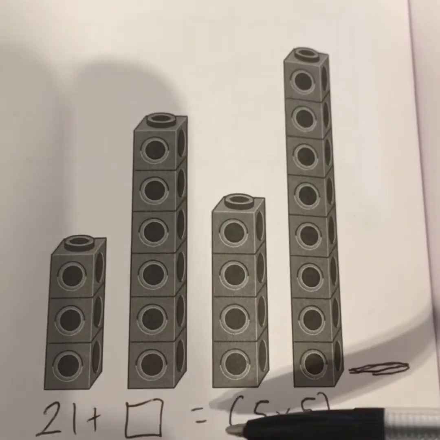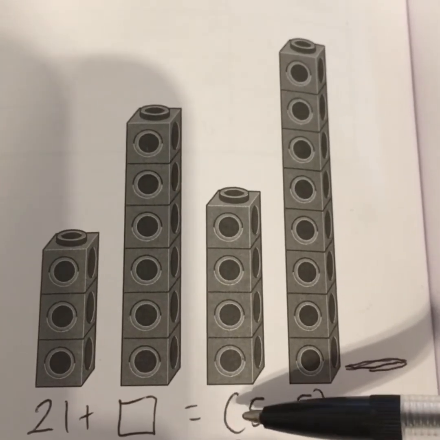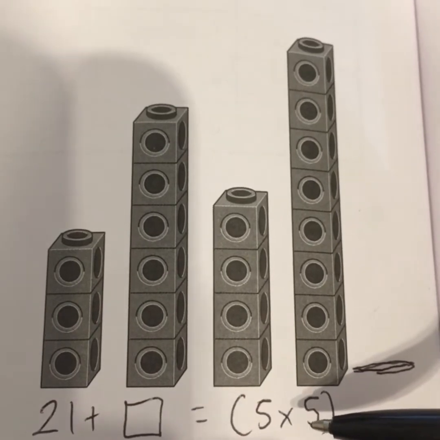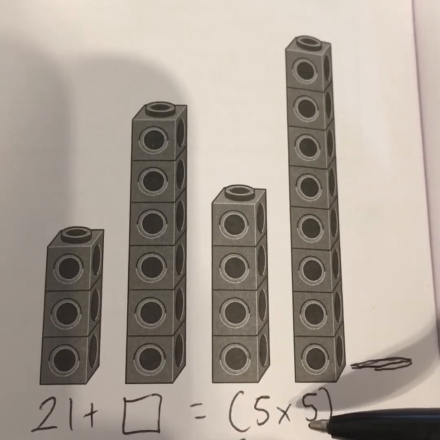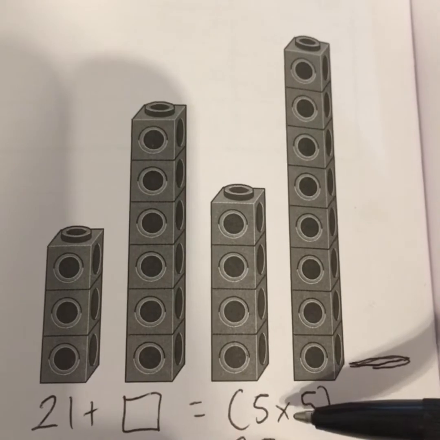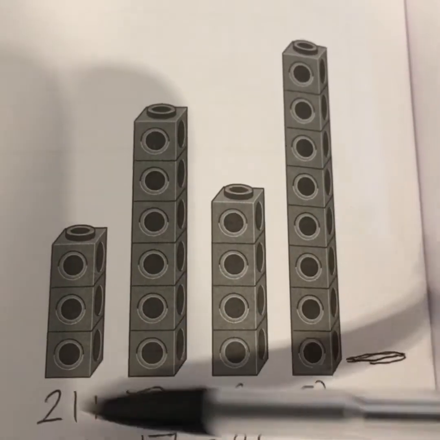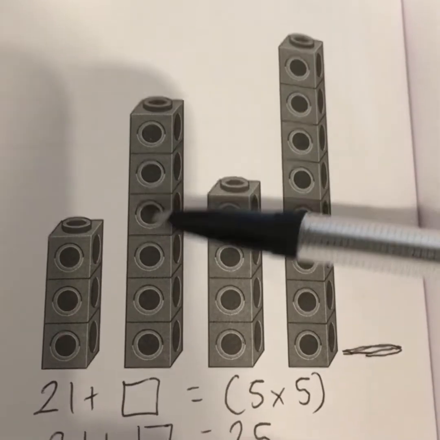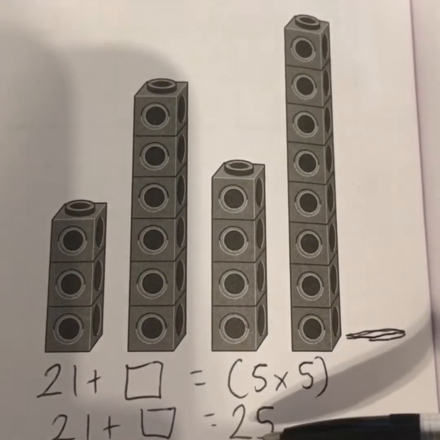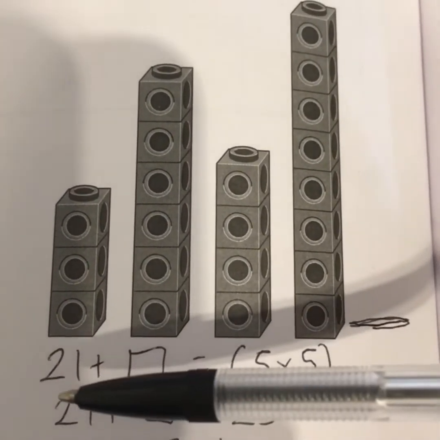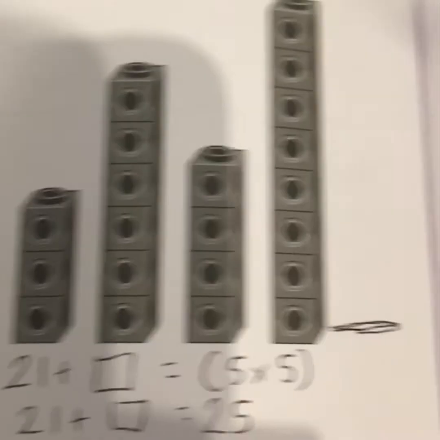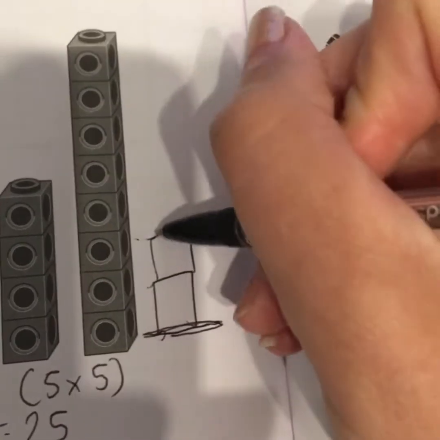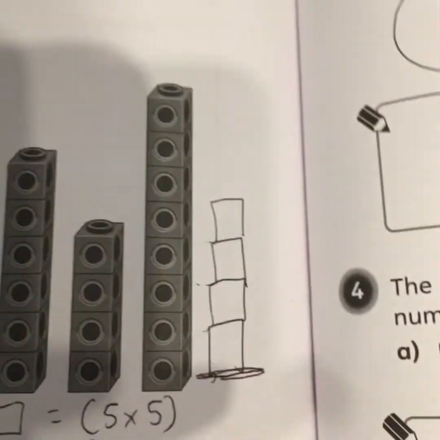Now, to work out the total, I know that there is 5 towers and each one should have an average of 5 cubes. So 5 times 5 is 25. So altogether, there needs to be 25 cubes as the total. So 21 add something is 25. 25 take away 21 would be 4. So this tower here, I'll draw it quickly, should have 4 cubes.